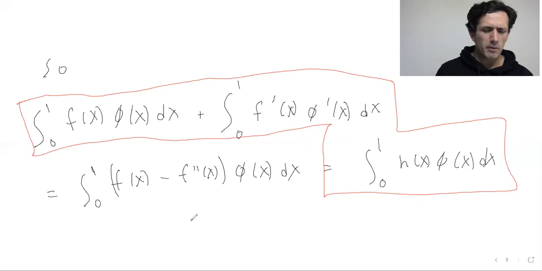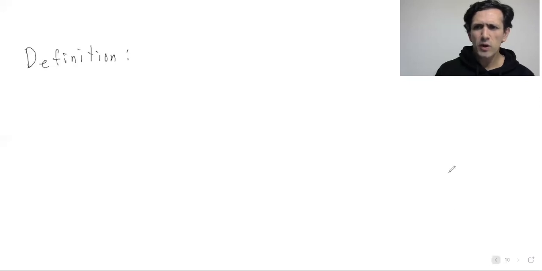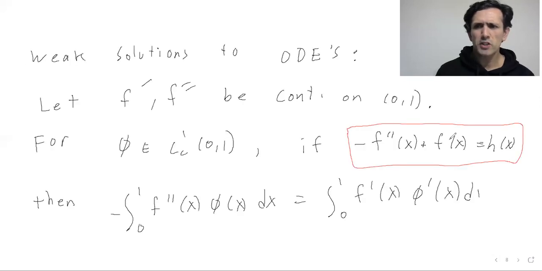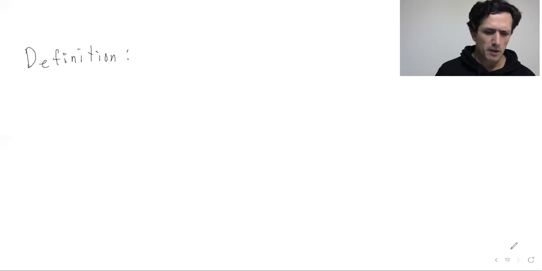Okay. Let me be a lot more clear. Let me make a definition. So by definition, I want to extend what it means for this differential equation to be true, not necessarily for actually differentiable functions, but for weakly differentiable functions.